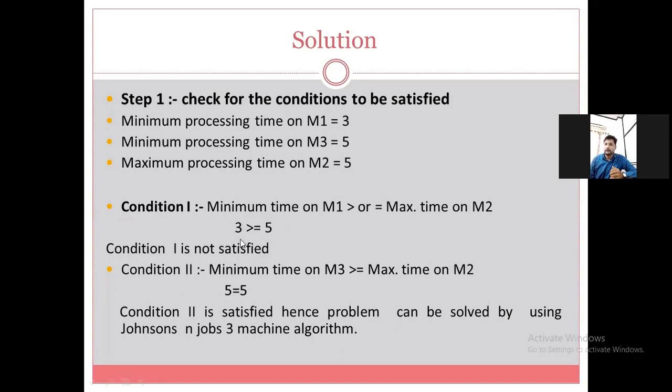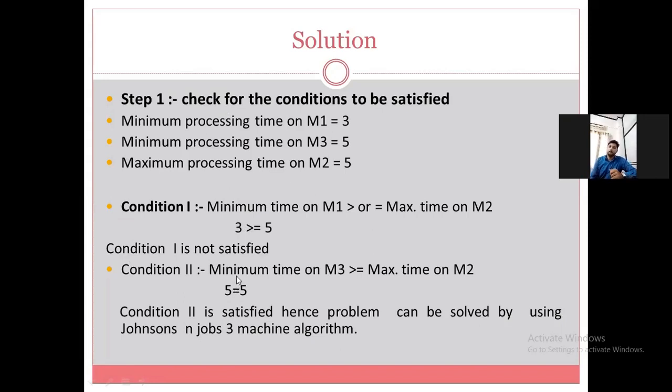So whether this condition is satisfied? No, it is not satisfied because 3 is lesser than 5. We require the minimum processing time on M1 should be greater than or equal to maximum processing time on M2. But this condition is not satisfied.